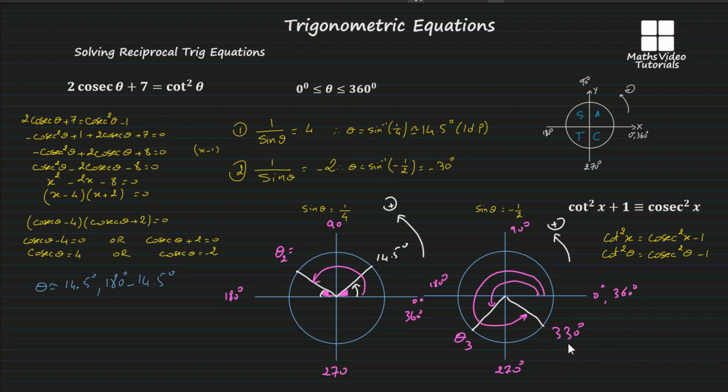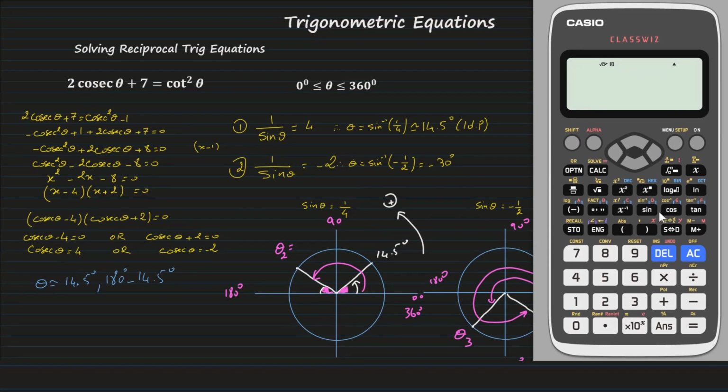Because if you plug in 330 degrees in a calculator, if I do sine 330 degrees, that will give us minus half as our value there. Can you see that? So sine 330 or sine minus 30 are exactly the same.